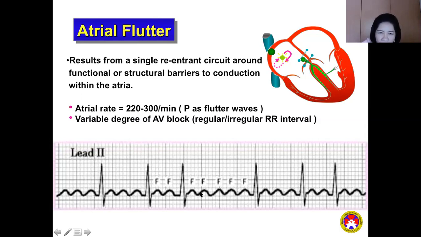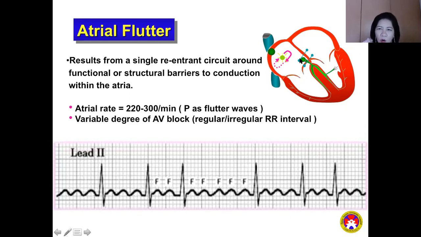Here, these are the flutter waves, where it assumes a sawtooth appearance. In atrial flutter, this results from a single reentrant circuit around a functional or a structural barrier within the atria that is conducting.